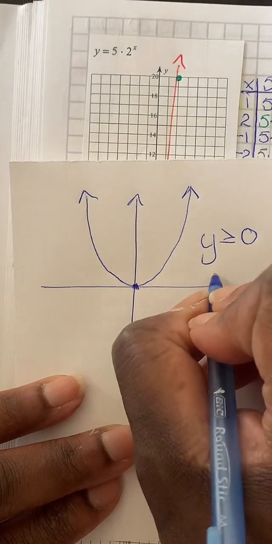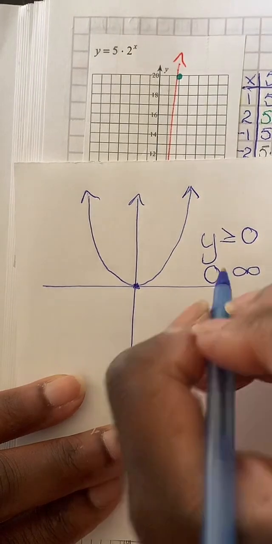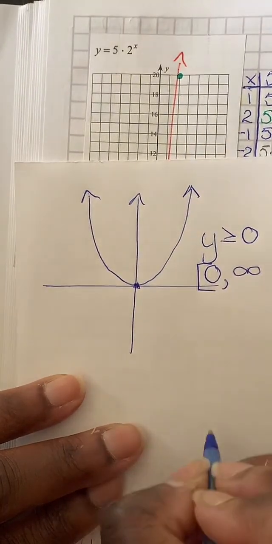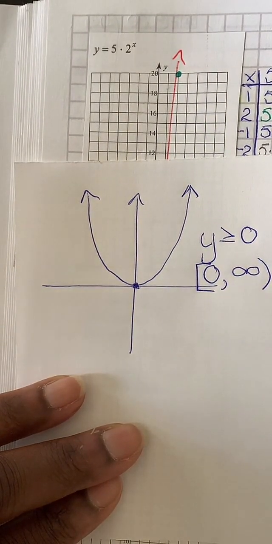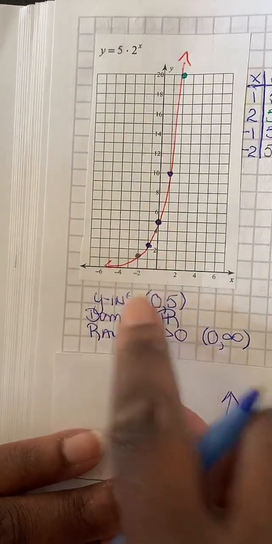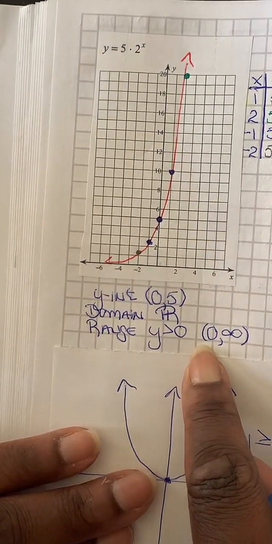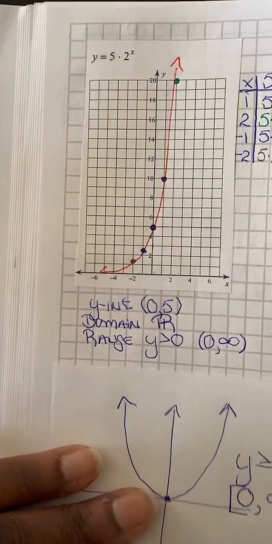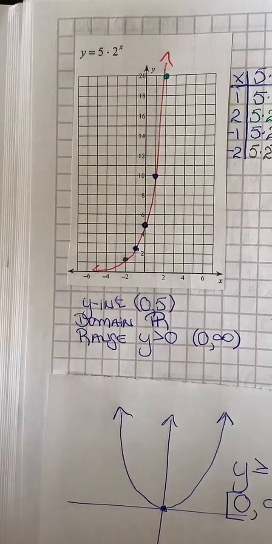If I were to do the interval notation, it's including 0, but it's going all the way to infinity. Whereas here, it's not including 0. If it's not including 0, it's going to be a parenthesis. If it's including a point, it will be a bracket.